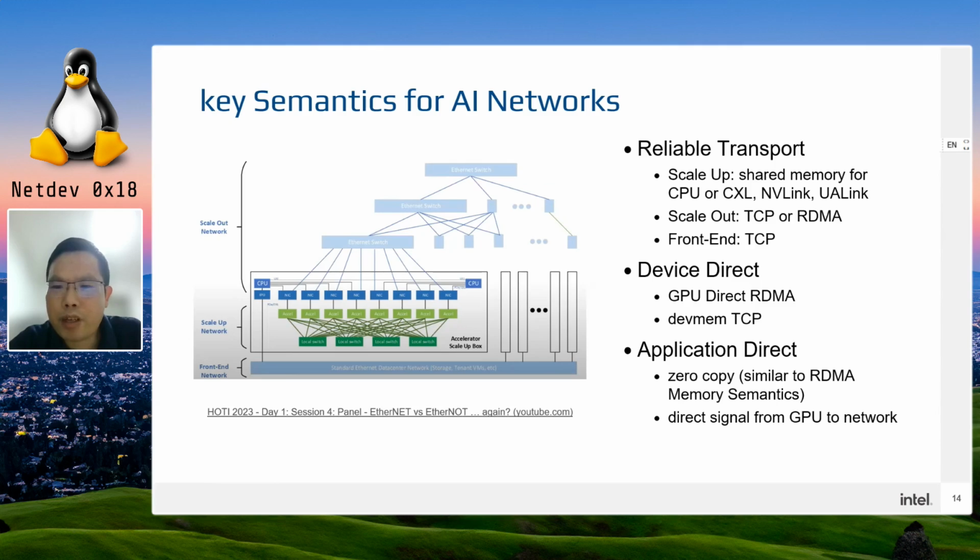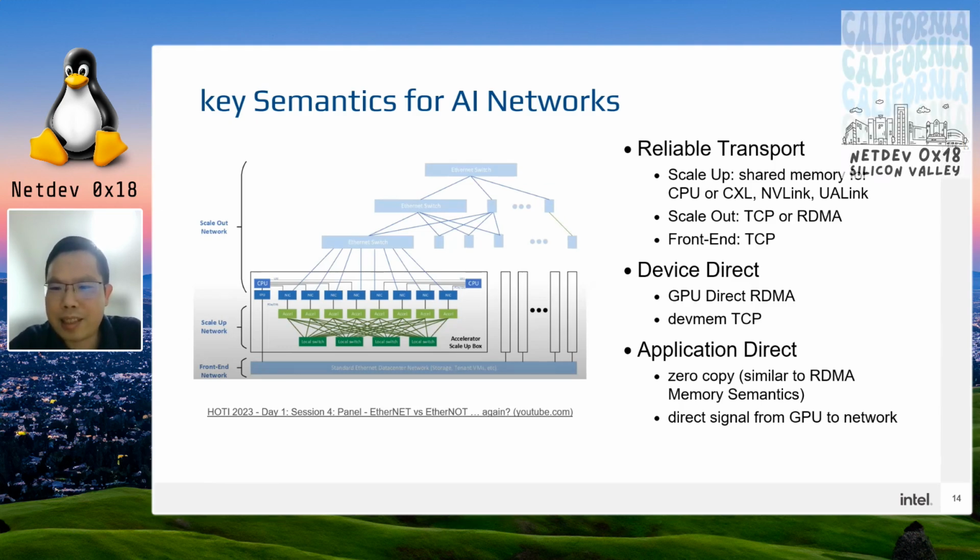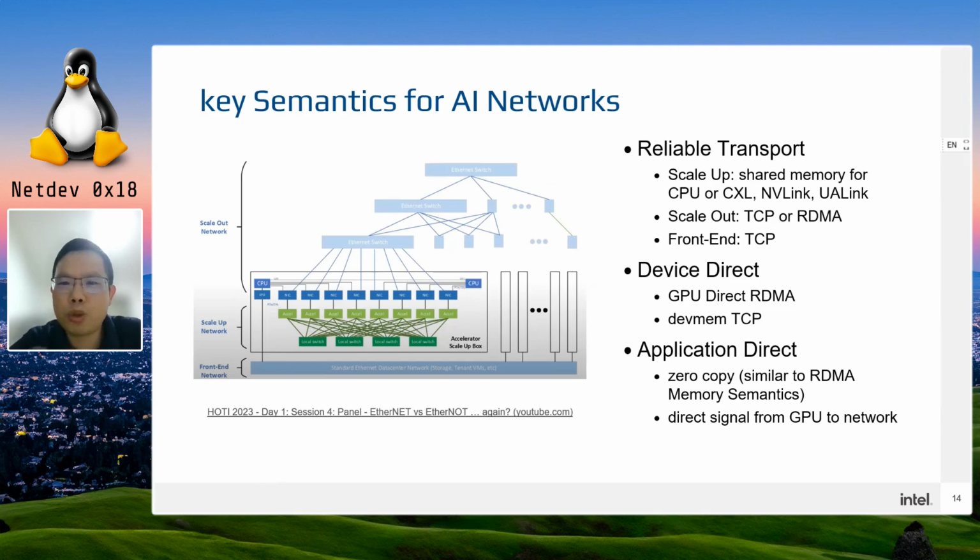Another feature we need is the direct signal from the GPU to the network. This is already implemented in the RDMA world, but we need to do it for TCP too.